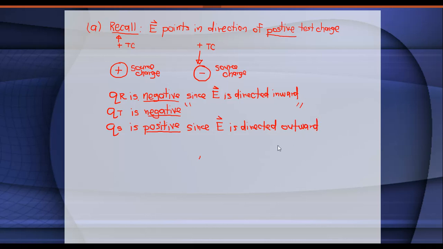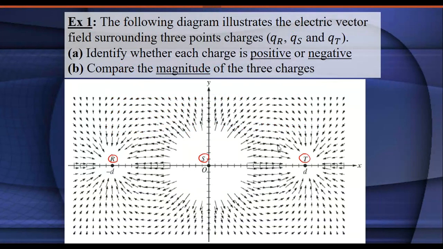All right. Now, what part B wants me to do is compare the magnitude of the three charges, just by looking at the amount of space surrounding each charge. Now, for a vector field diagram, again, we don't show the largest magnitude vectors.